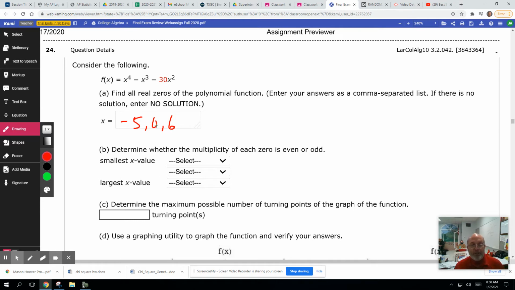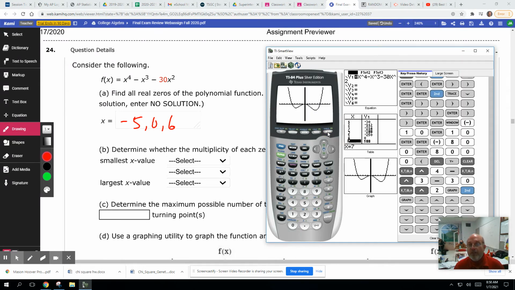And then it asks me to determine whether the multiplicity of each zero is even or odd, for the smallest x value, then the next smallest x value, then the largest x value. So we're going to look back at the graph. The smallest x value, which is a zero for the function, is negative 5. The graph goes through at negative 5, which makes the multiplicity odd.